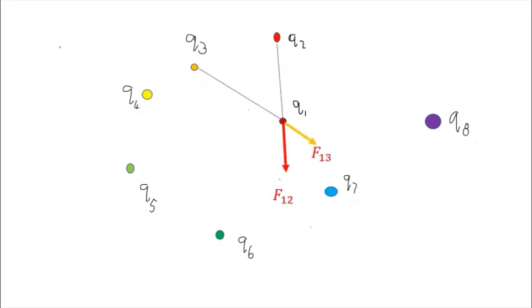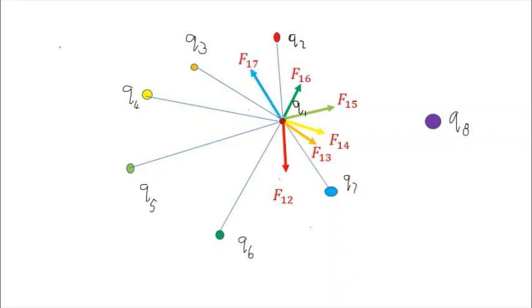The force on charge Q1 due to charge Q2 is represented by F12, Q3 by F13, Q4 by F14, Q5 by F15, Q6 by F16, Q7 by F17 and Q8 by F18.